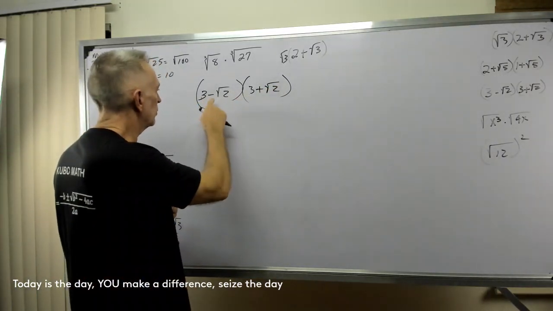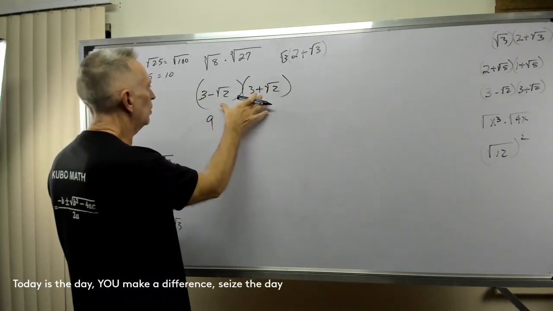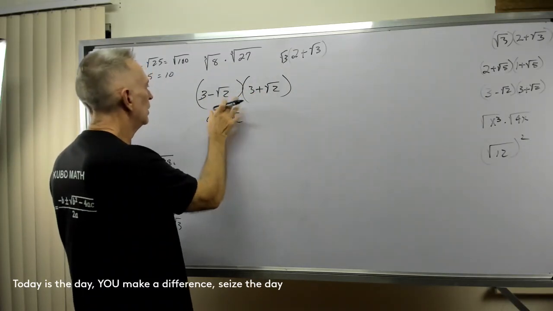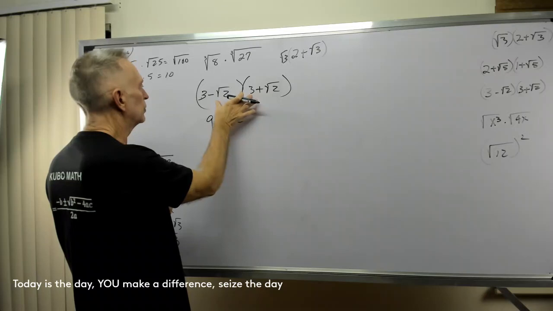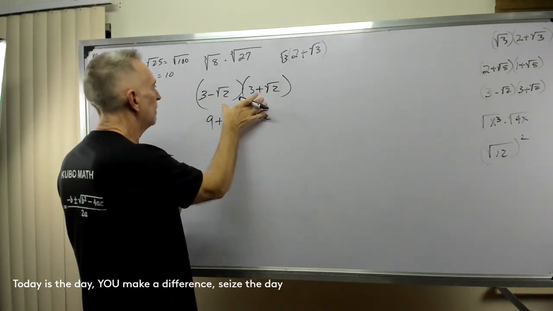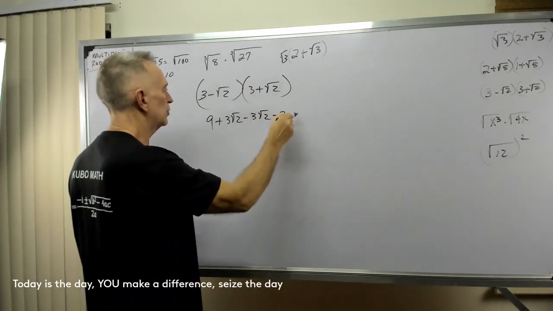First times first, 3 times 3 is 9. Outer times outer, plus 3 times square root 2. And then inner, minus 3 square root 2, minus square root 2 times square root 2, which is 2.